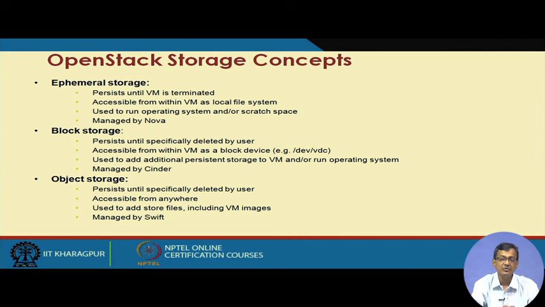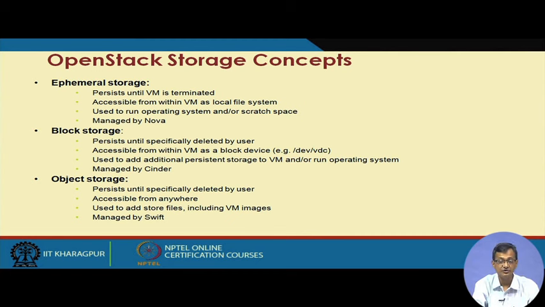If we look at the OpenStack storage concepts, they are along similar lines to other cloud storage. Ephemeral storage persists only until the VM is terminated and is accessible from within the VM as local file systems.